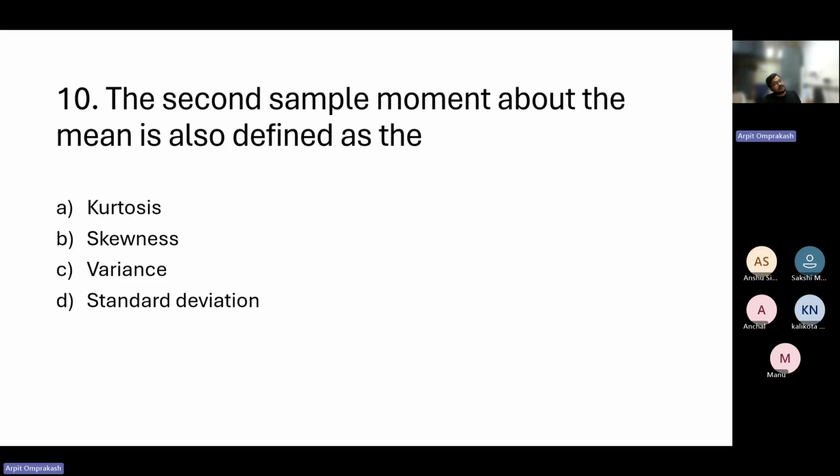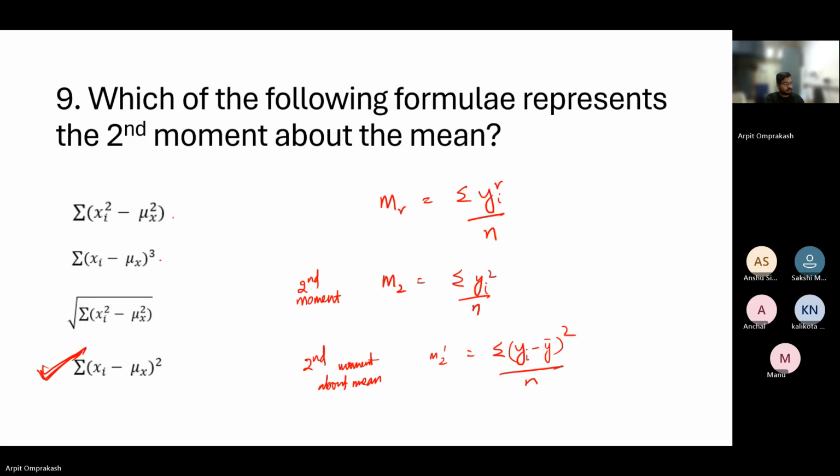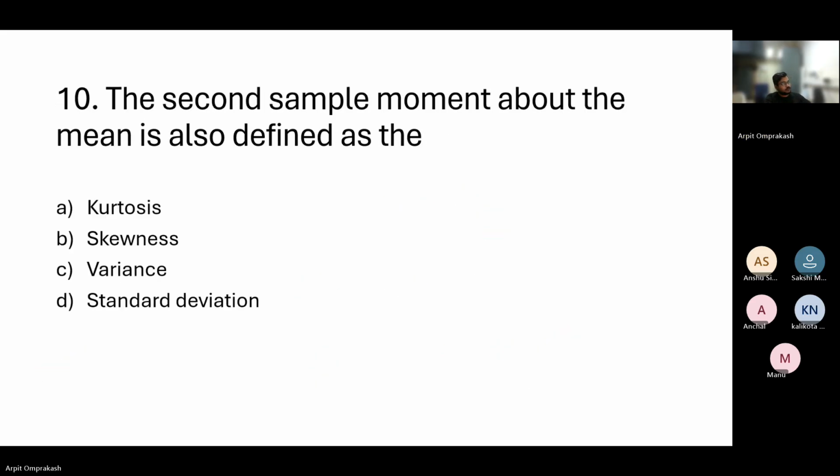Question 10. The second sample moment about the mean is also defined as A, kurtosis, B, skewness, C, variance, and D, standard deviation. Right. So the second moment about the mean is again basically what we saw before.